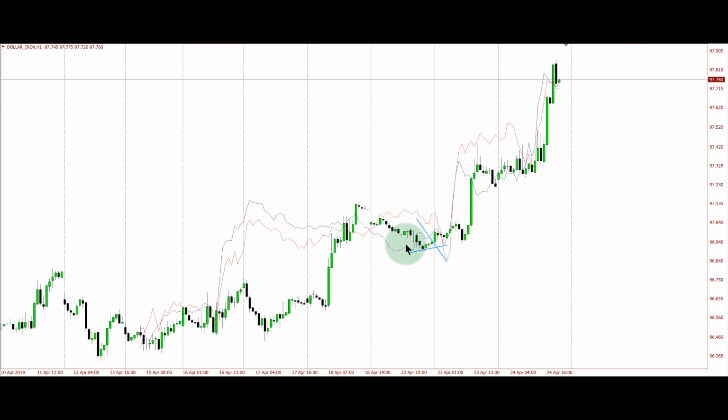So what I'm showing is the relationship if the dollar index and the euro and the GBP would be positively correlated, not inverse like it is, or inverted. We would see it like this.